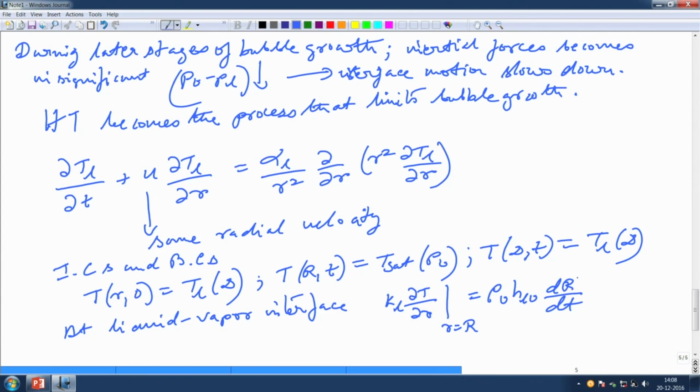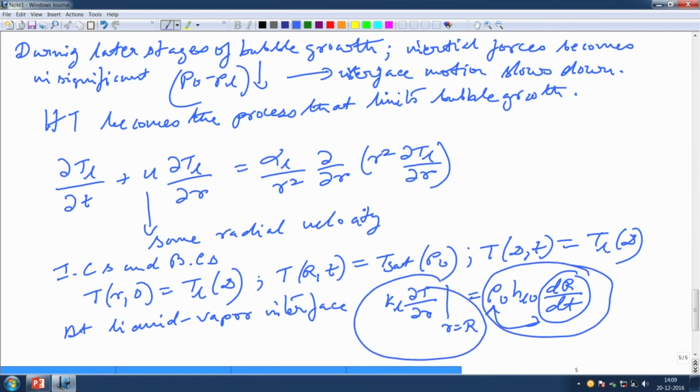Because this is nothing but the mass, this is rho into V, right. And the area cancels from both sides. So, it is basically K A into the conduction flux is equal to whatever is the heat being used for the latent heat of vaporization. That is the essence of this particular story, right.